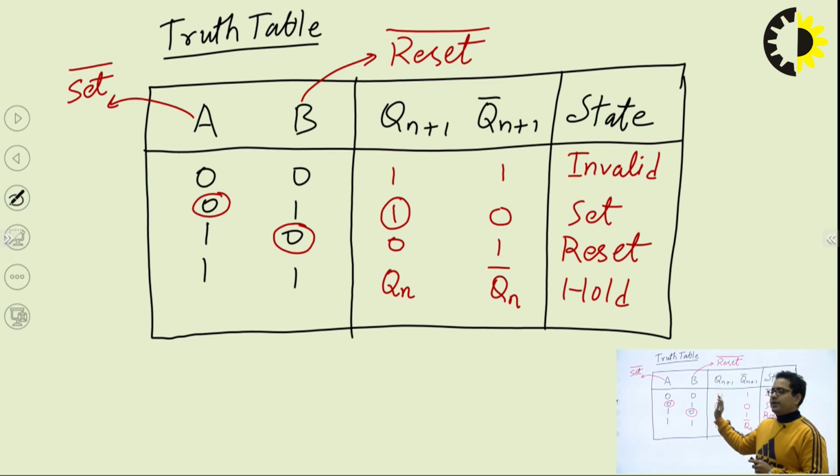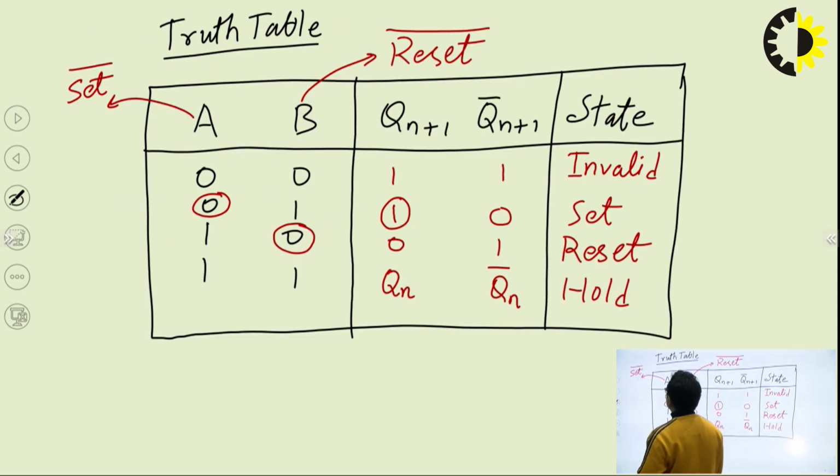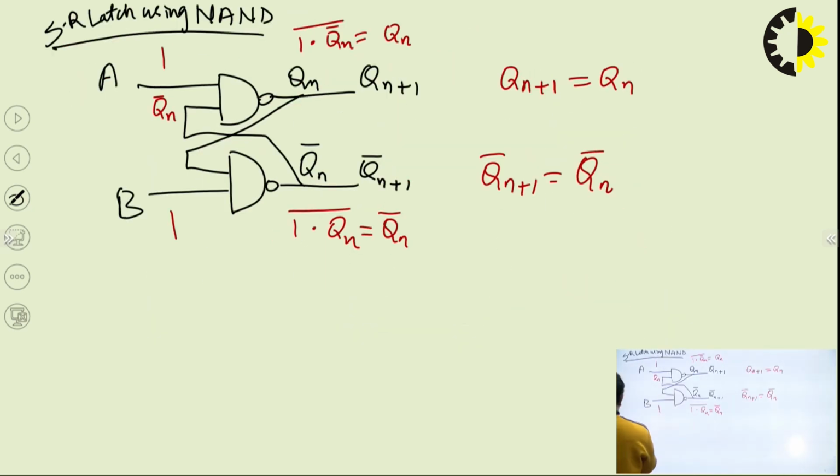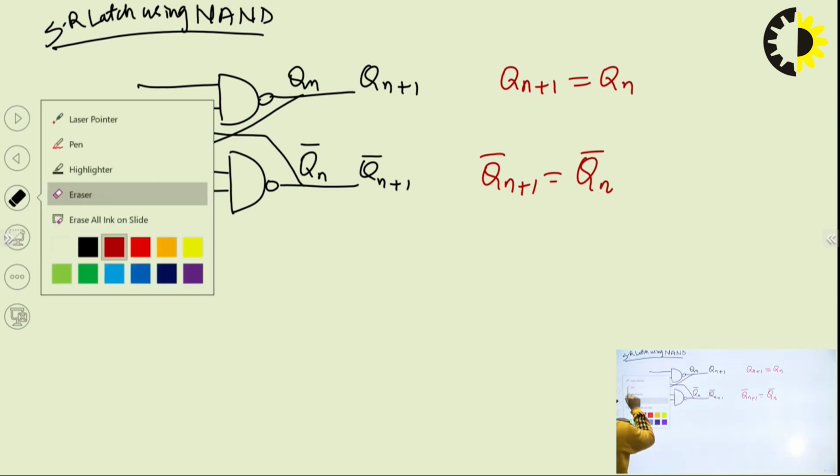That is the way by which you can coin the name reset or set to the terminals A and B. So now we can write the names to our terminals A and B. So I will write the names.